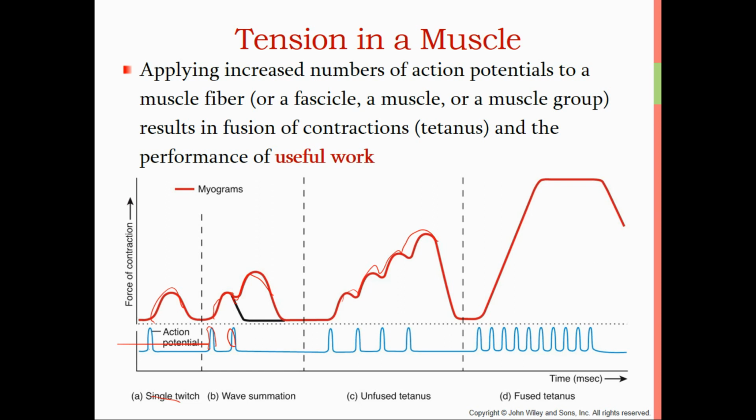And then a fused tetanus is a rapid series of action potentials that cause one long, smooth, powerful muscle contraction. And those are your different kinds of muscle contractions: twitch, tetanus, and wave summation.